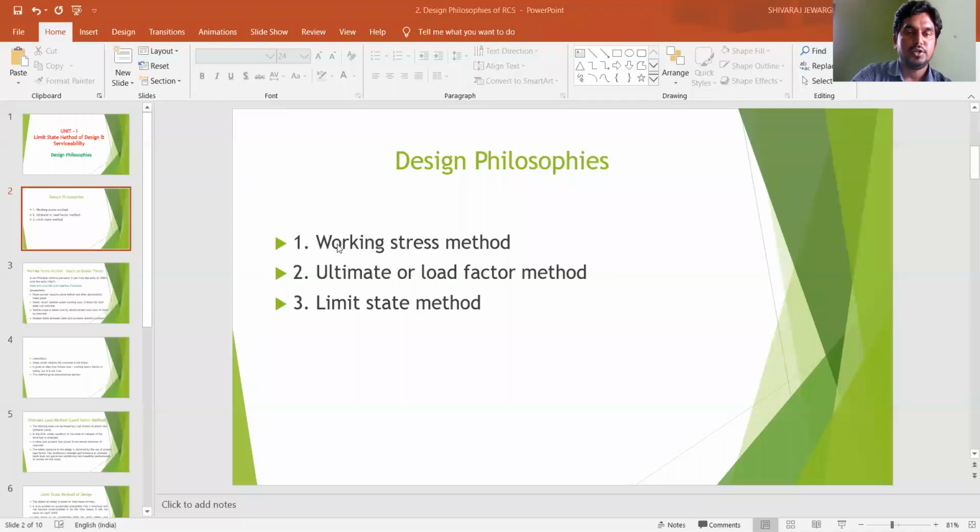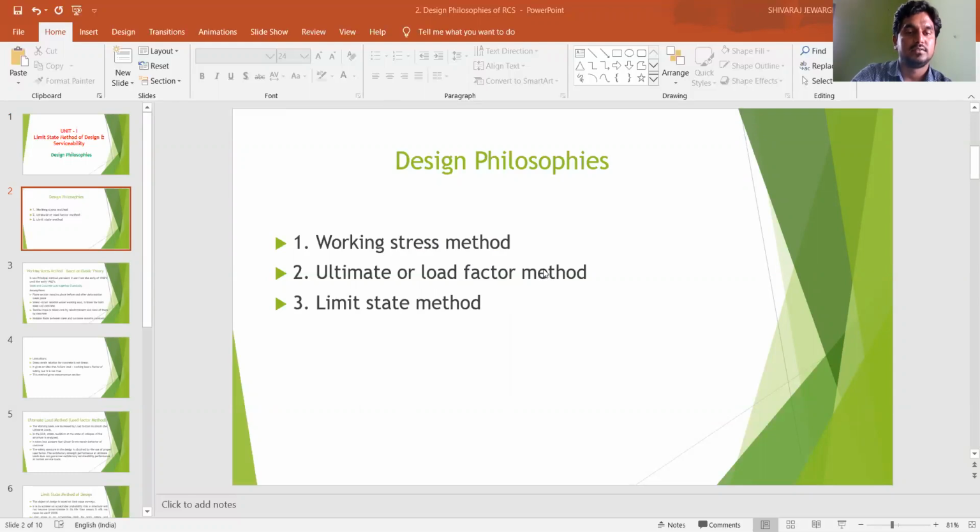According to the working stress method, this method was developed in the year 1900 and used up to 1960. Due to some drawbacks and limitations in this method, one more method was developed, keeping in consideration the drawbacks in the working stress method. That is the ultimate load method. After 1960, this method was developed.